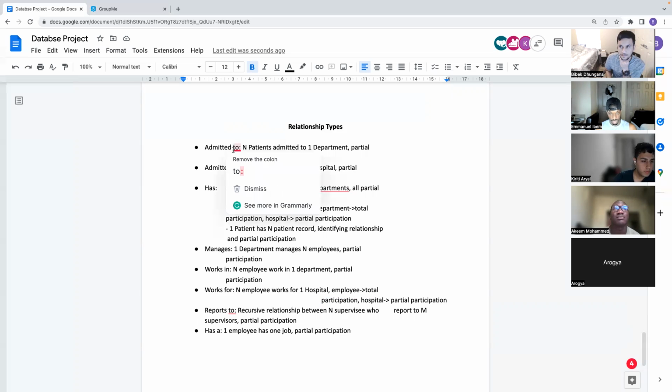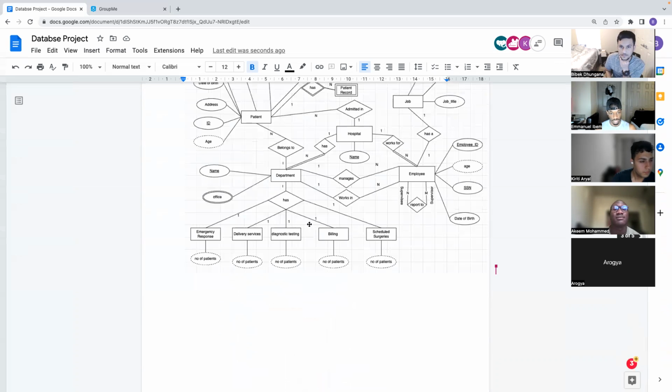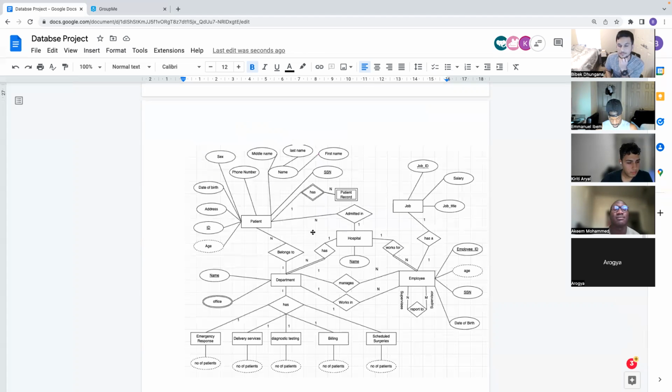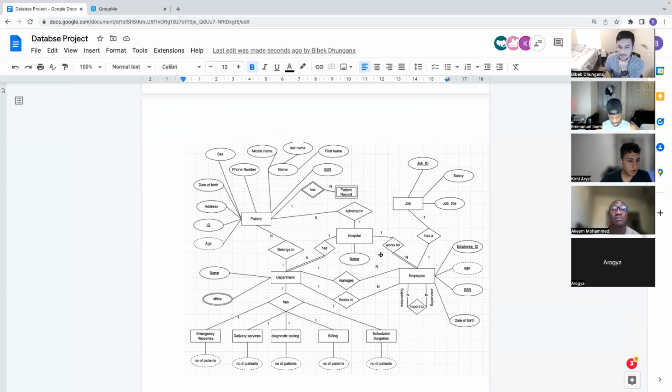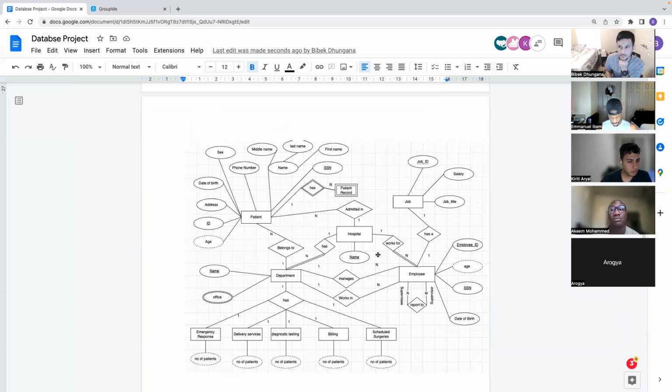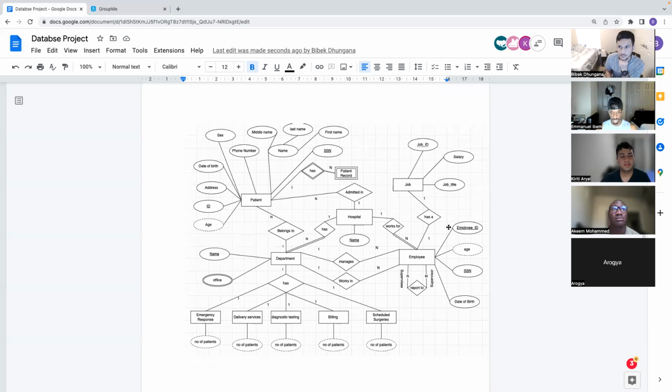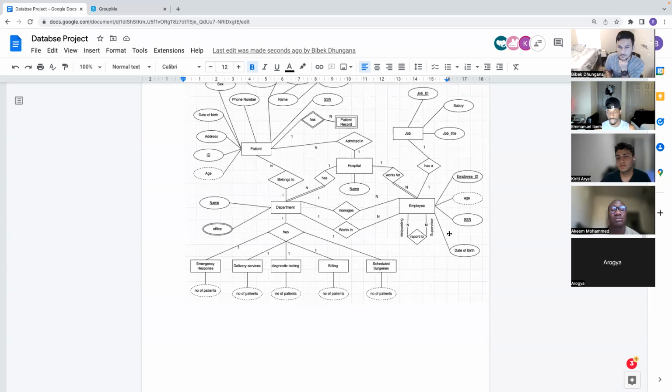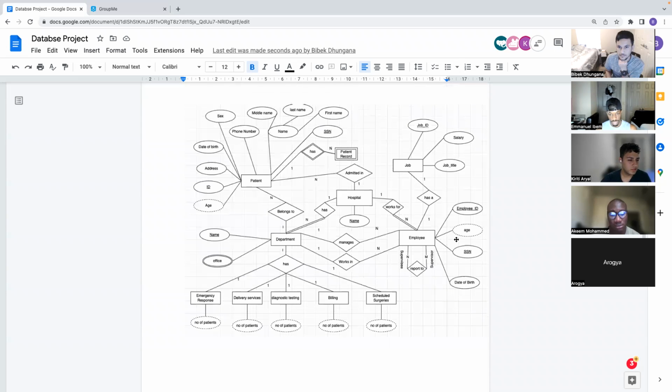Vivek, if you could just scroll back up to the ER diagram. We also have all the cardinalities and the total and partial participation between all our relationships between the entity types. That's all about the relationship types.